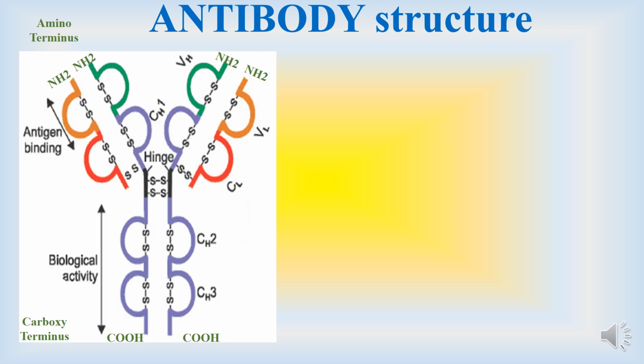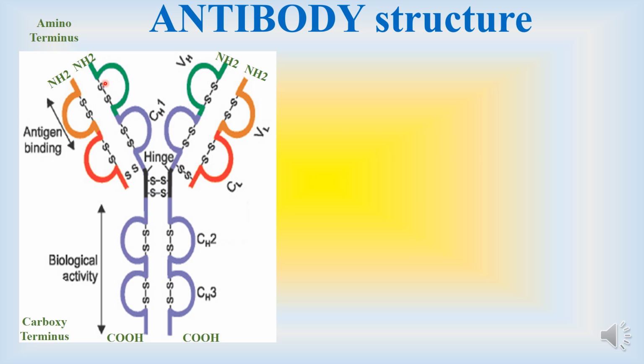Now that you have understood what is an antibody, what is an immunoglobulin, let us take a look at the structure. Antibodies are glycoproteins in nature and they consist of 4 polypeptide chains that you can see here. There are 2 identical heavy chains and 2 identical light chains.